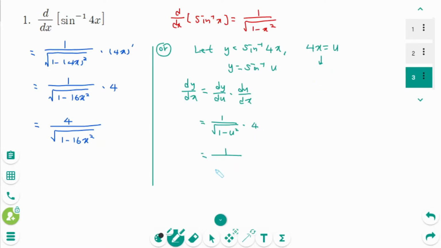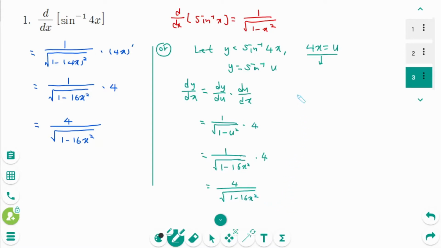Then u is 4x, so 4x squared equals 16x squared, times 4. The final answer is 4 over square root of 1 minus 16x squared. We have the same answer.